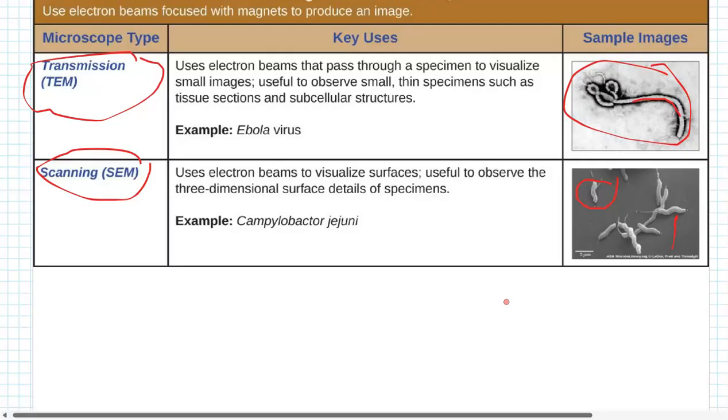Remember how we were talking about the fact that if you want to observe viruses, you're probably going to need electron microscopy. So if I ask you, generally speaking, if you want to look at the outer shape of the virus, think, okay, virus, that's electron. Outer shape, scanning electron. Making sense? Okay, let's move on.